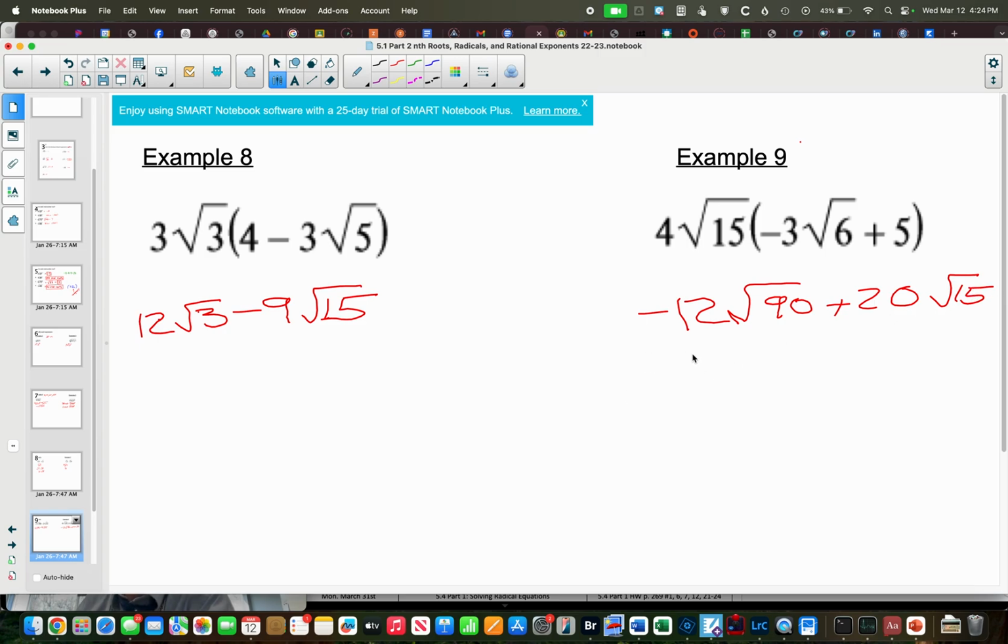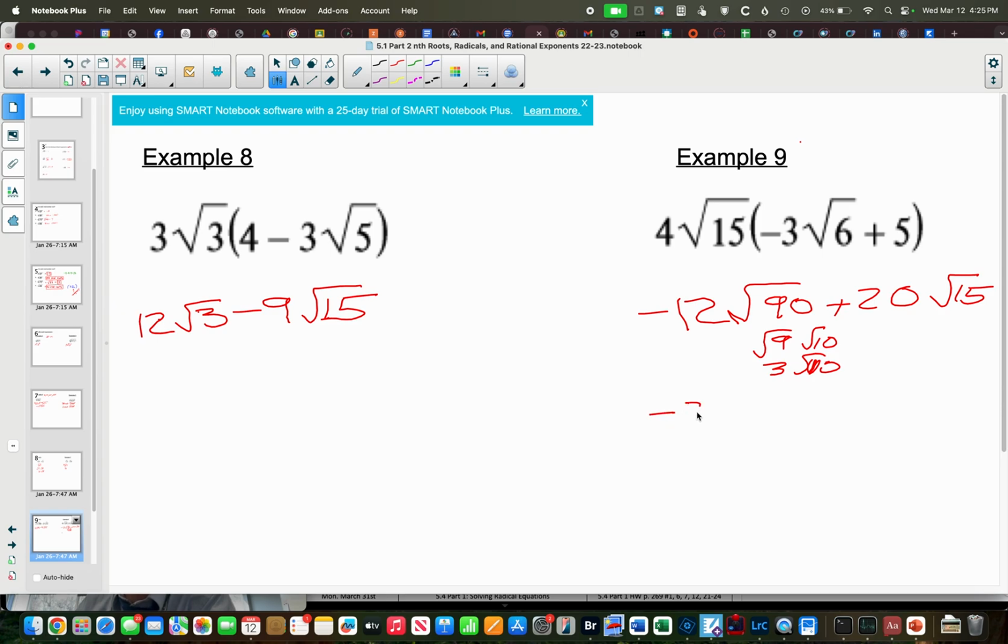All right, we could break up the square root of 90. Let's see, bigger number than 9? I don't think so, because it's going to be 10 left over. And you can't simplify square root of 10. All right, so that's 3 square root of 10. All right, so this is 3 square root of 10 times 12.